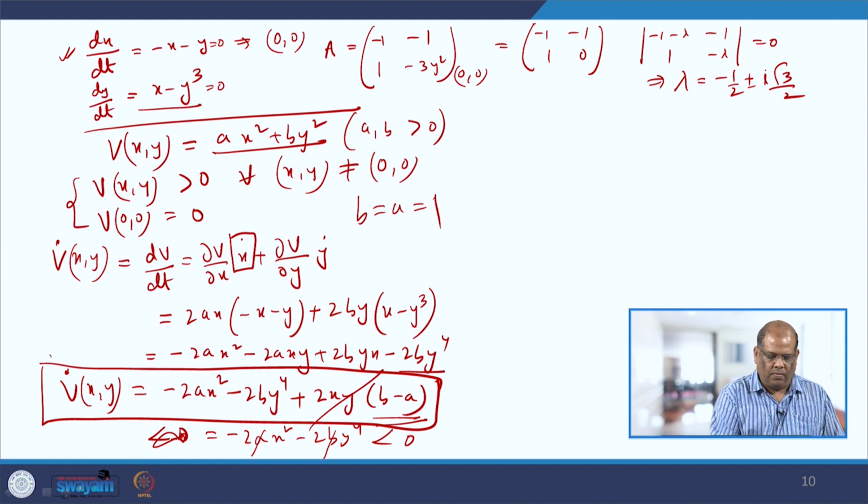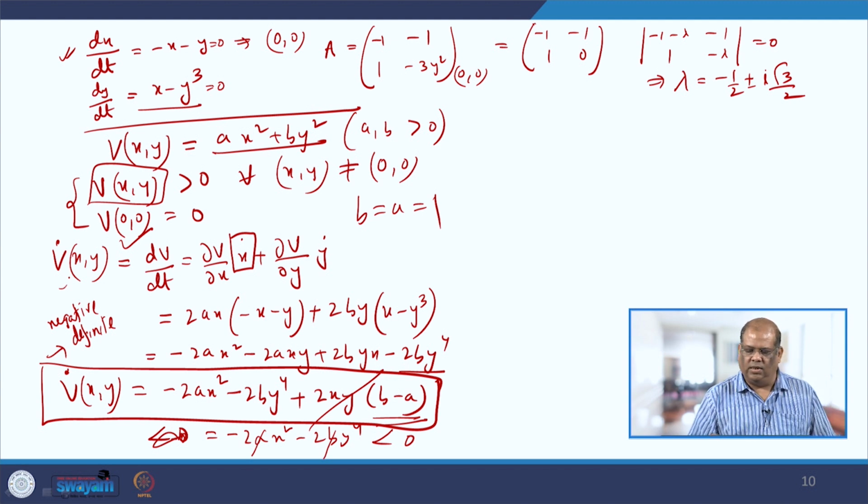So, this becomes negative definite. So, your V is positive definite, your V(0, 0) is 0, and your V dot is negative definite, which means that the system is asymptotically stable.